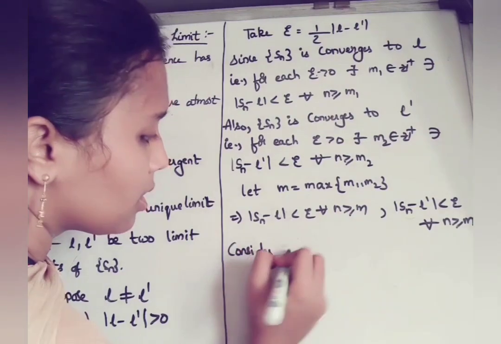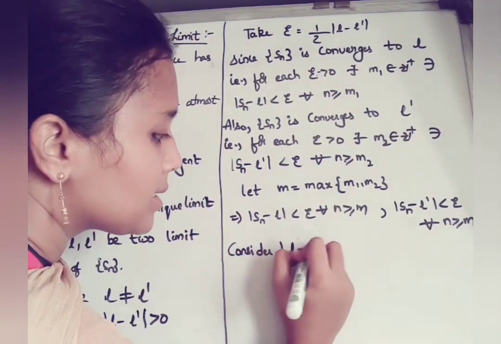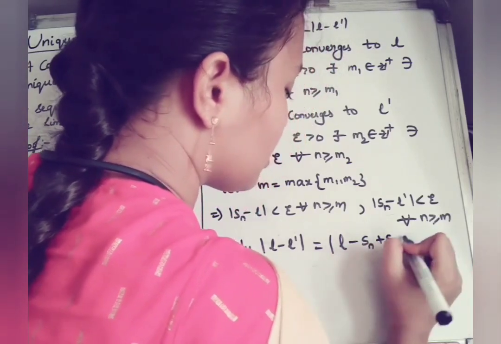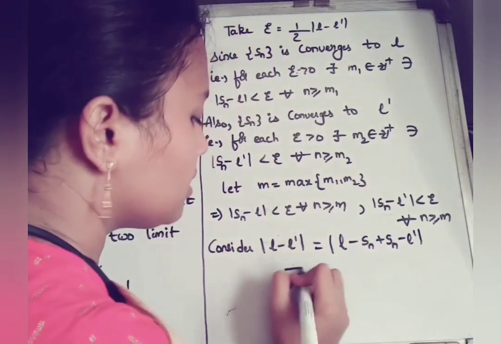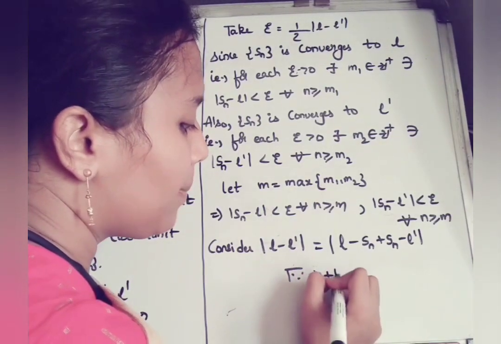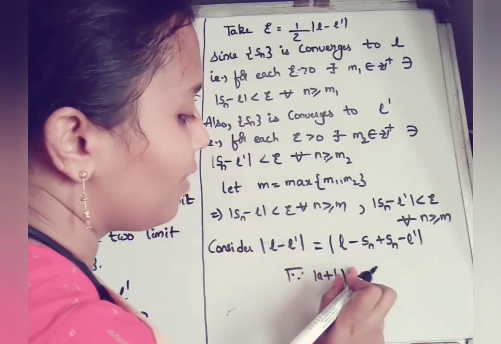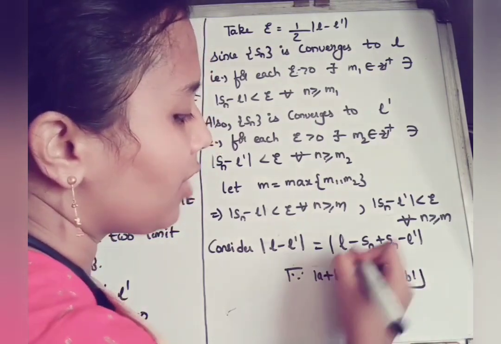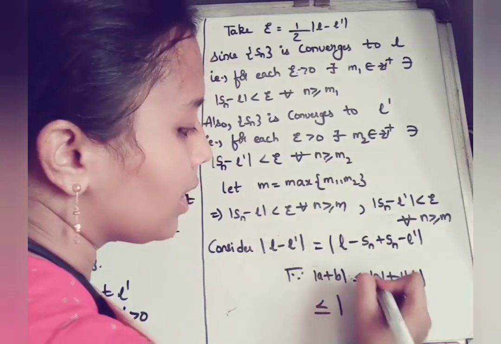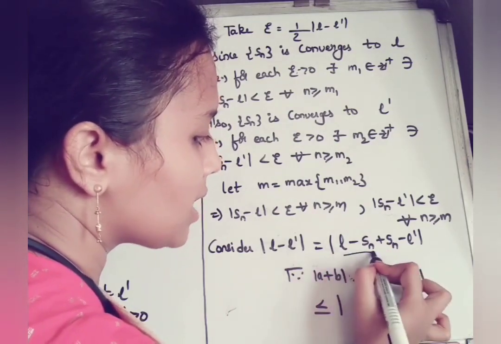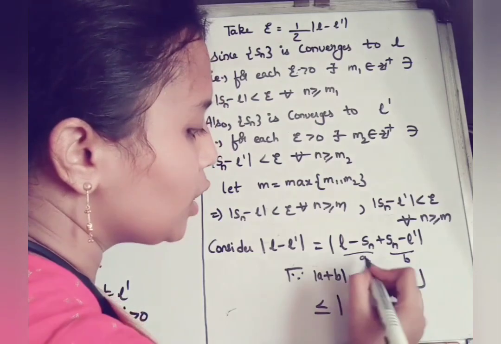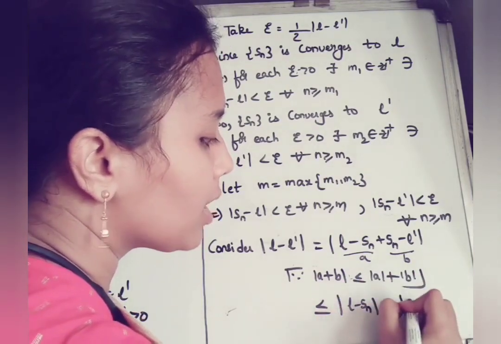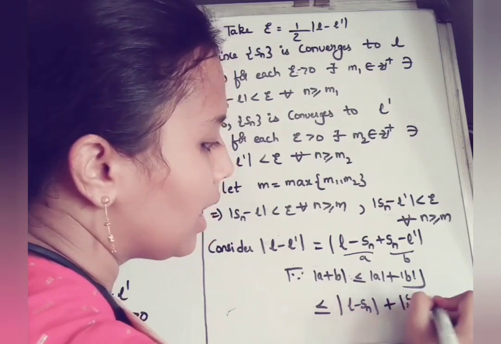Next, see here. Consider mod L minus L dash. Subtract and add Sn. Since we know that mod A plus B is always less than or equal to mod A plus mod B, considering this as A and this as B, we can write mod L minus Sn plus mod Sn minus L dash.